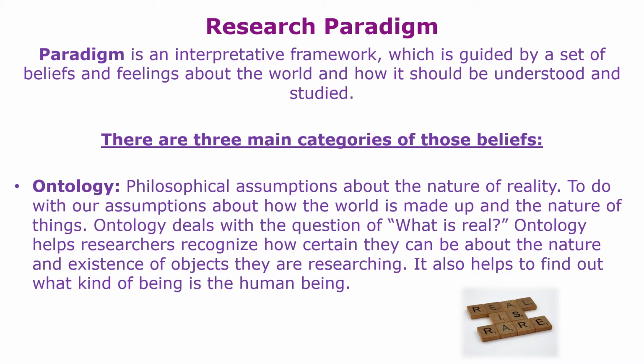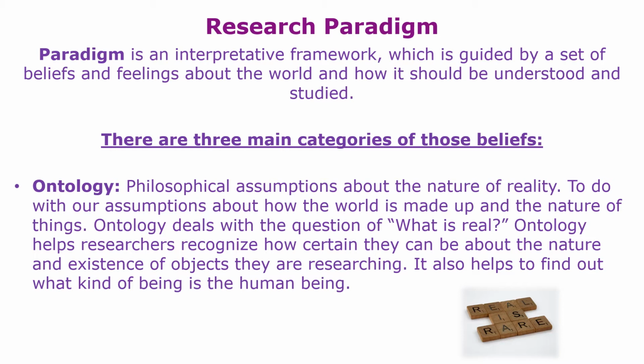It helps researchers recognize how certain they can be about the nature and existence of the objects they are researching. It also helps to find out what kind of being the human being is, because we're talking about reality. I'll give some examples in a later slide. But what is real? Are your thoughts real? Are the only things real the things we can see?